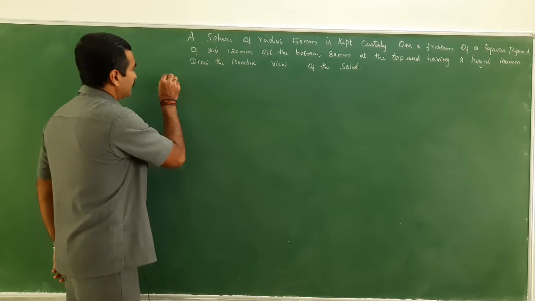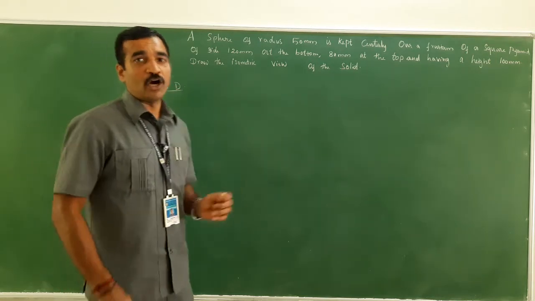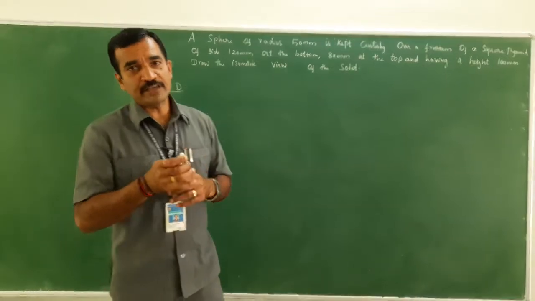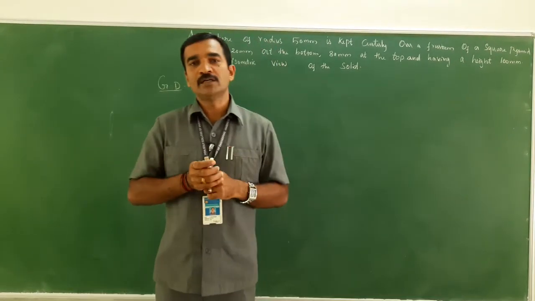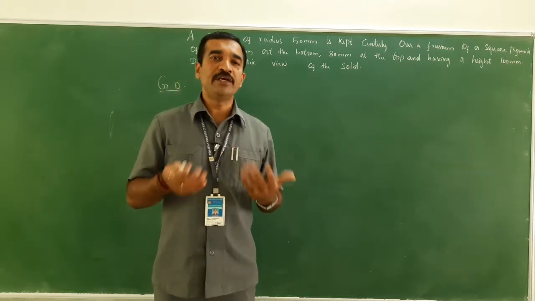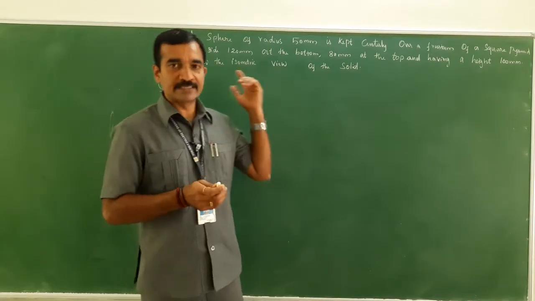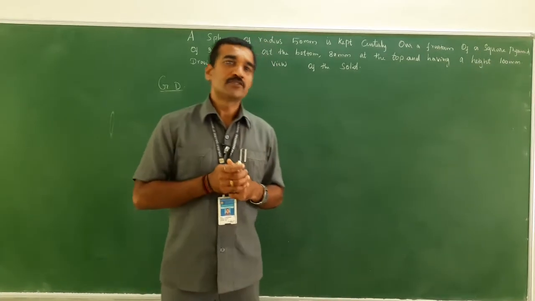So, the given data here, the object. In the previous problems you could see only one object was there. Either it could be a cone or a hexagonal prism, isn't it? Sir, if you notice here, a couple of solids are there.